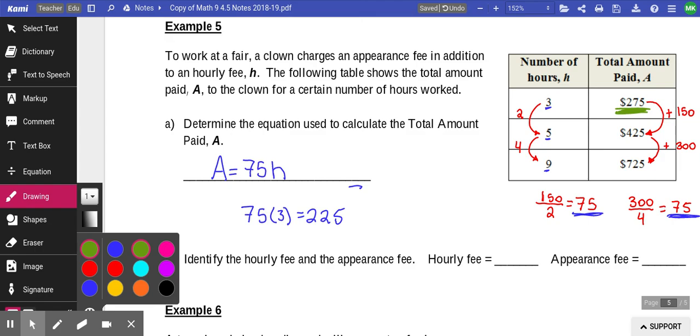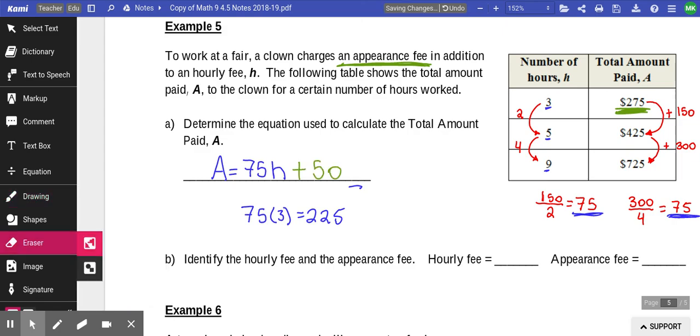The reason you're $50 short is because there was an appearance fee, meaning that there's a starting rate to hire somebody. That starting rate is the $50 that you were missing to get to 275. Okay, so the rate is $75 an hour, but the starting appearance fee was $50. Remember that all these equations have a rate and they have a starting value. And you have to figure out what both of them are.